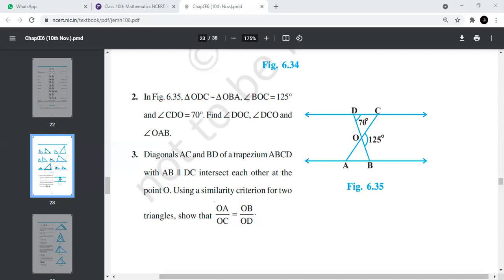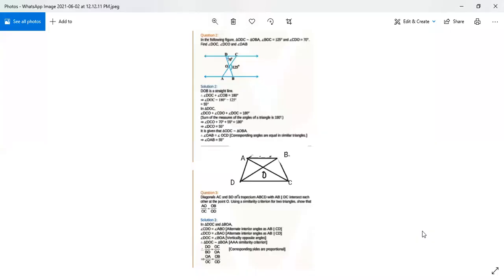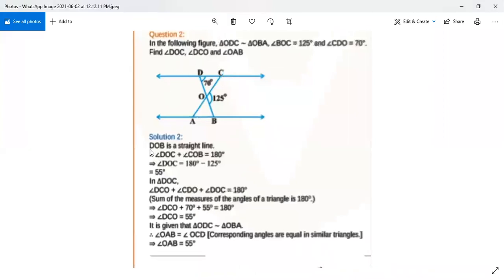So I'll show you the written solution as well here. But that was important that I wanted you all to note, because I've seen students make that mistake. Okay. So that is how you are going to present this solution. See here. This is a straight line. So we are using this property that this angle O out here will be 180 minus 125. That's coming as 55.